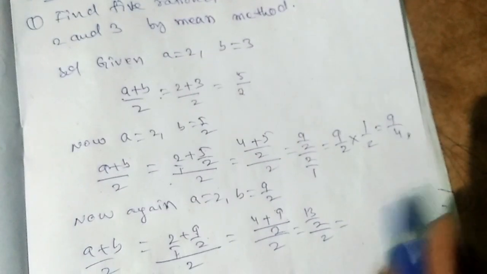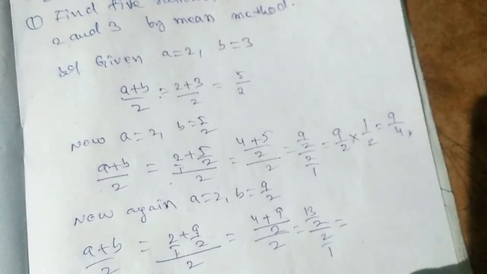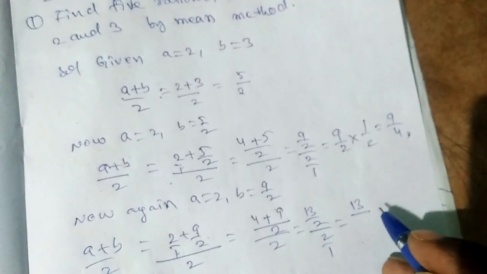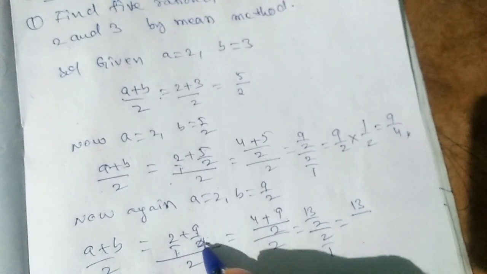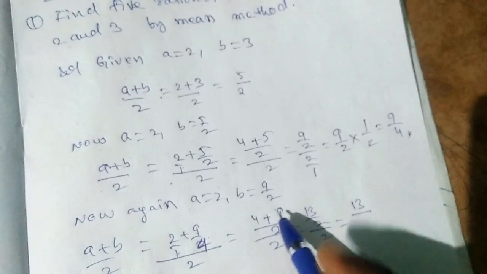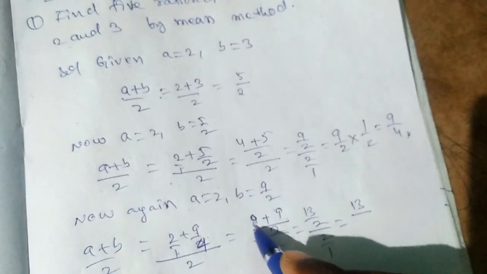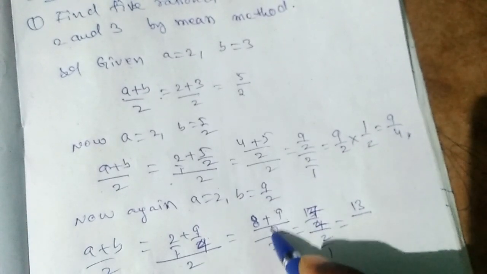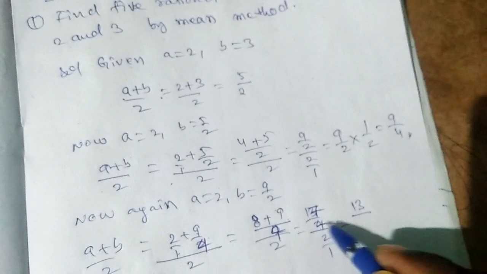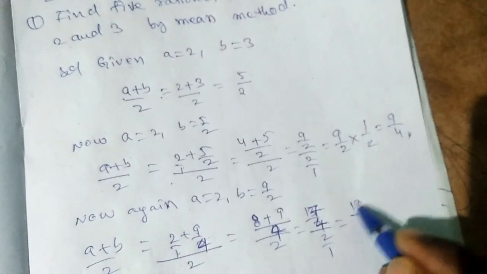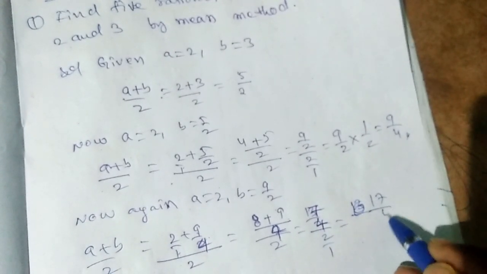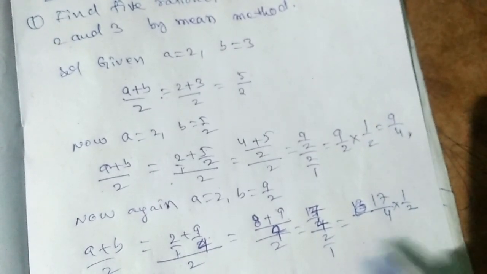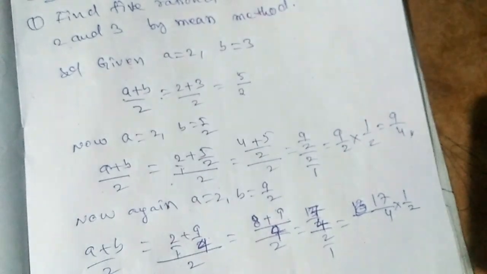Fraction by fraction, so we multiply with the reciprocal. Sorry, it is 4, so 9 by 4. 4 twos are 8, 8 plus 9 is 17, 17 by 4. So 17 by 4, a fraction, we multiply with the reciprocal. So now it is 17 by 8.